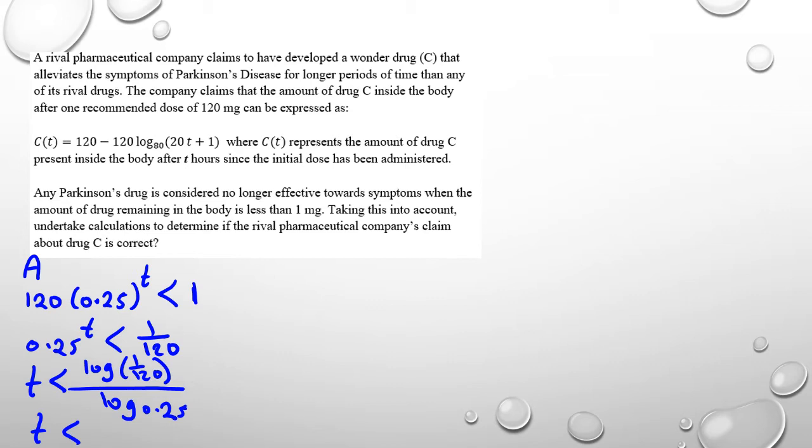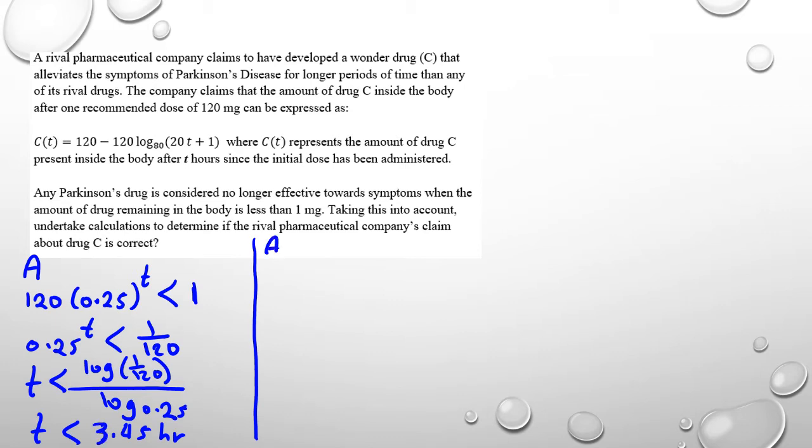You will do log, open bracket, 1 divided by 120, close bracket, and then equal, then divide again by log 0.25, and that gives me 3.45 hours. So by 3.45 hours, drug A is not going to be effective anymore.